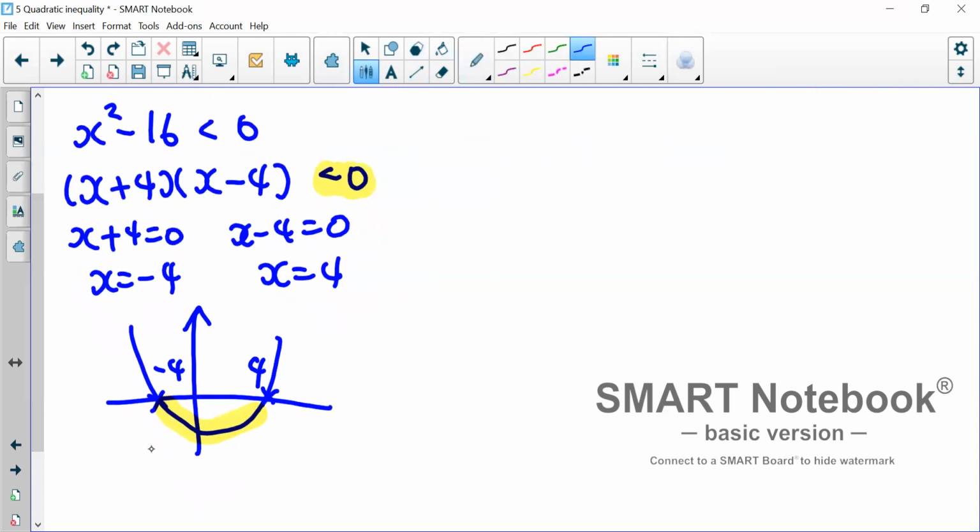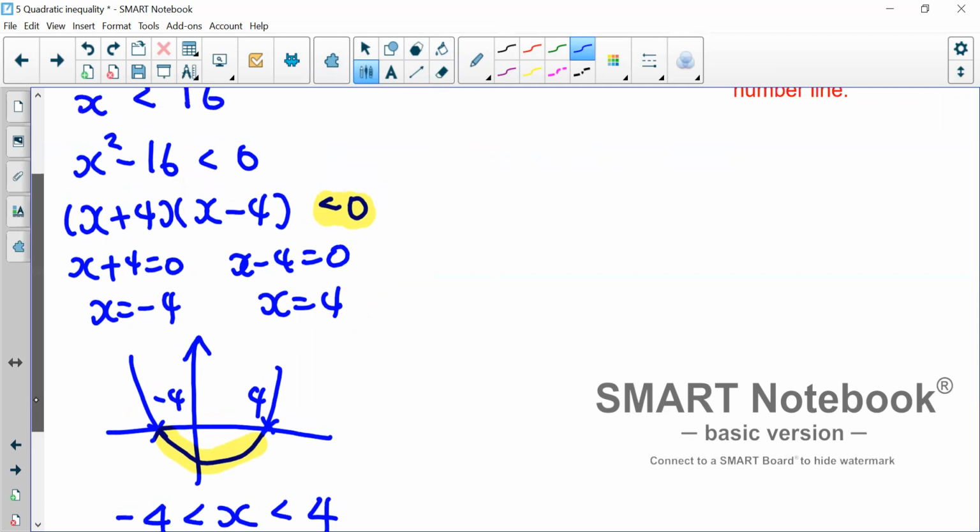So that means the set of values of x which satisfy this inequality will have to be x is greater than minus 4 and x has to be less than 4. So this is the solution for the first inequality.